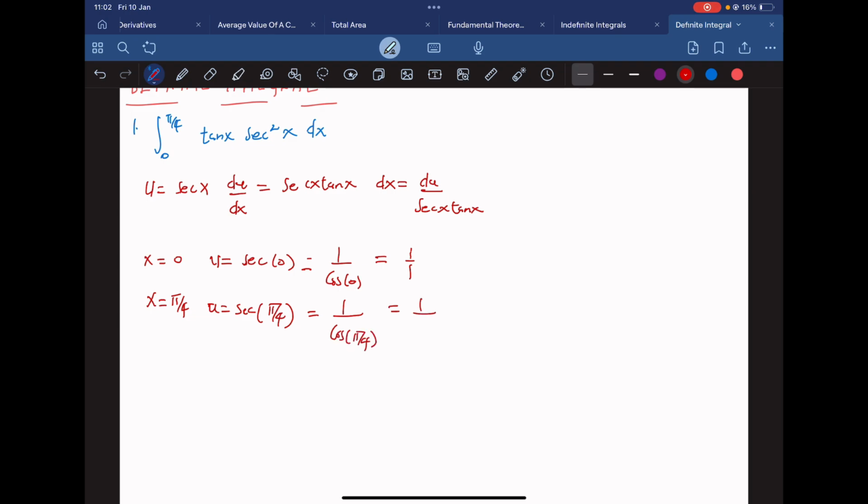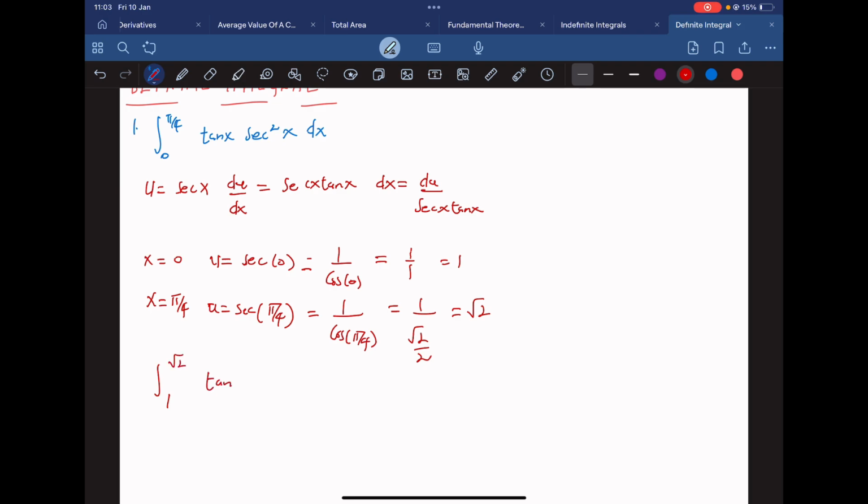But we know cos of pi out of 4 is root 2 out of 2. So you have to simplify 1 over root 2 out of 2. So 1 dividing root 2 out of 2 will just simply be root 2. So in this case, we have root 2 here. So what this means is you have from 0 to pi over 4, and from 0 we had 1 over here, and we now have root 2 here, right?